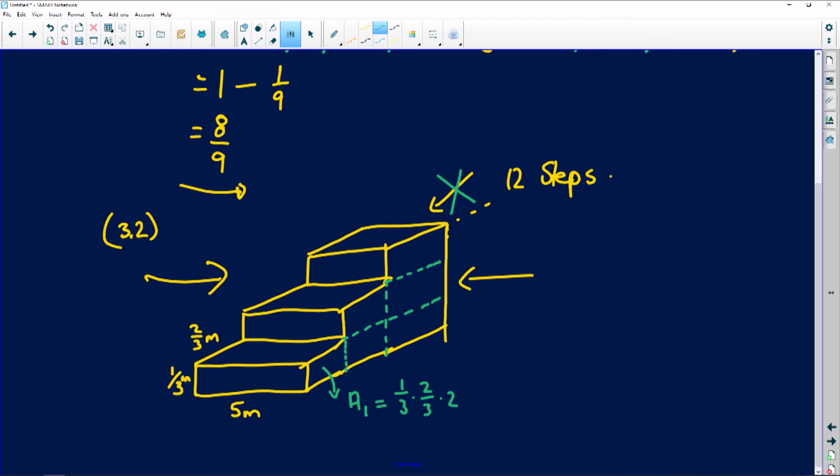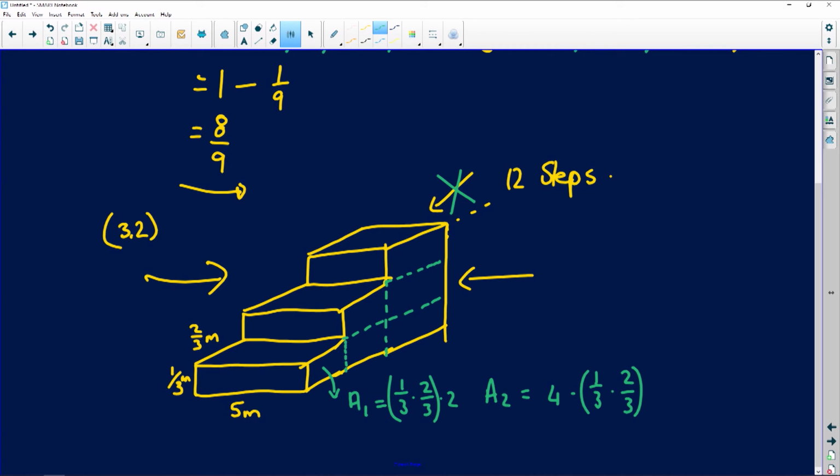Okay? The next one has 2 blocks stacked and 2 blocks on the other side. So the next area here, area 2, is going to be 4 of those thirds times 2/3. So this is the initial value, and I need 2 of them.